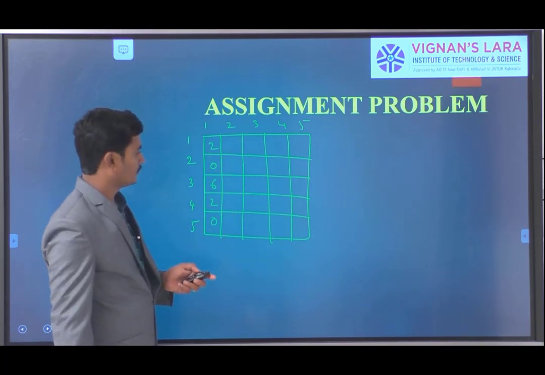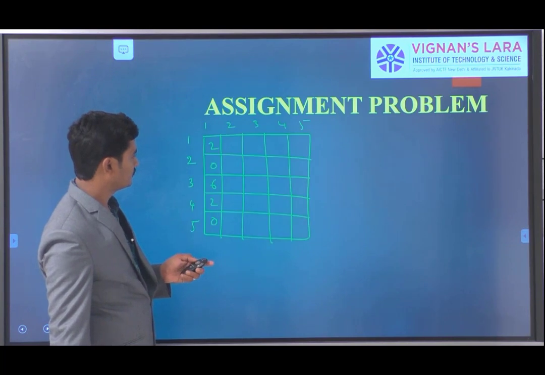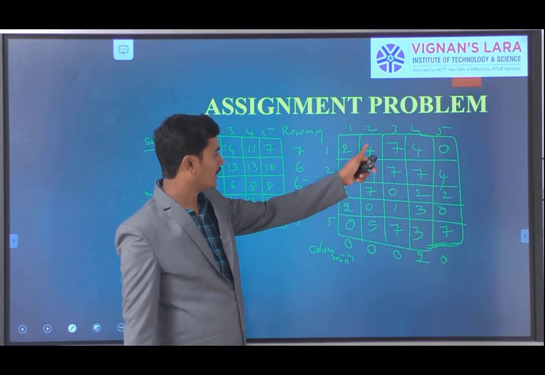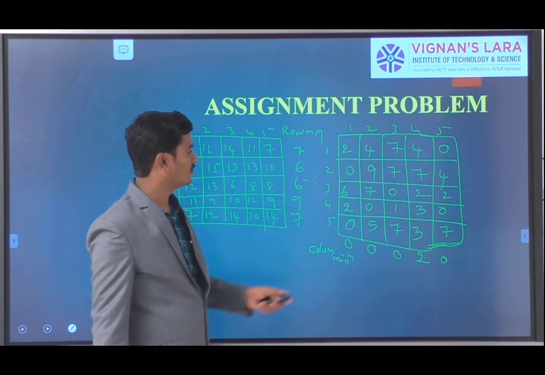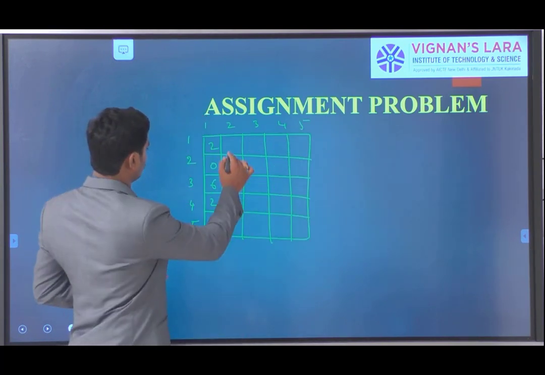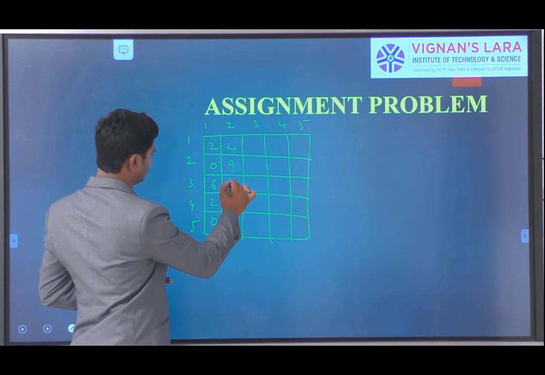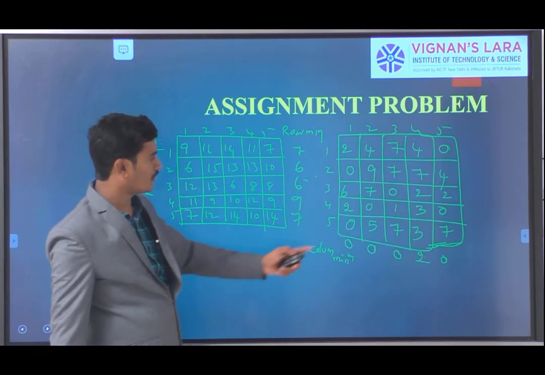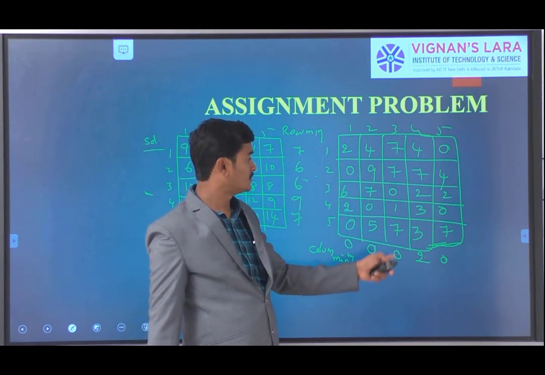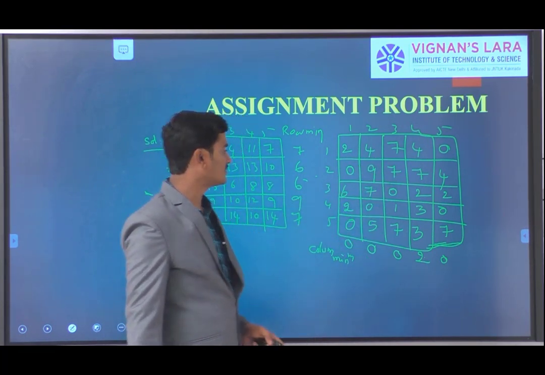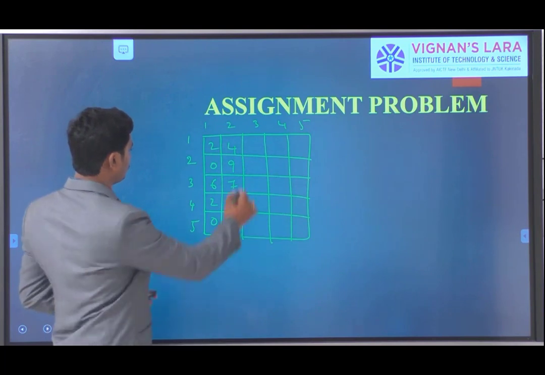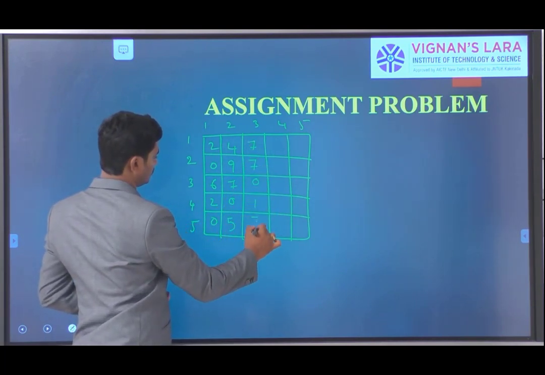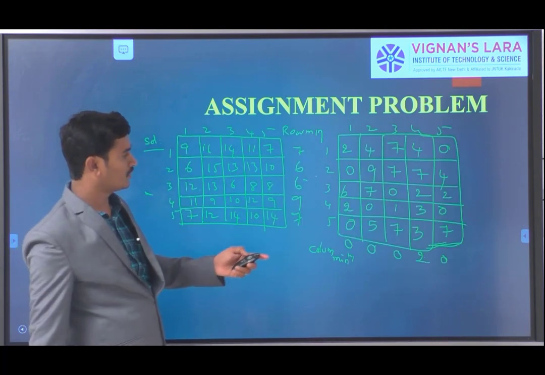Next, here also the column minimum is 0, so again we take the same values. Next, third column also we have 0, so again we take it as it is.